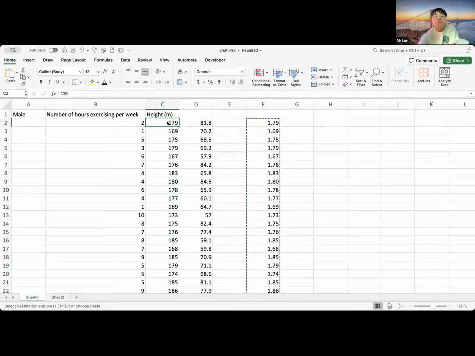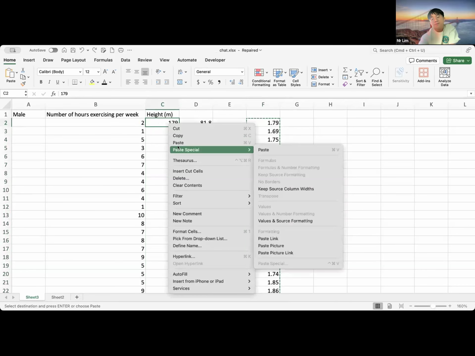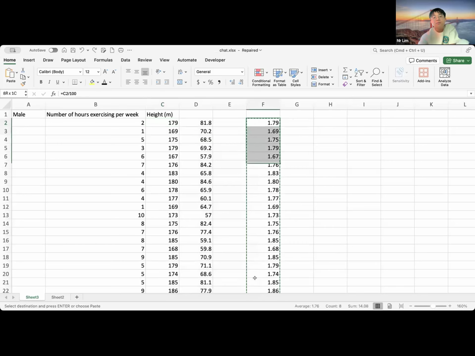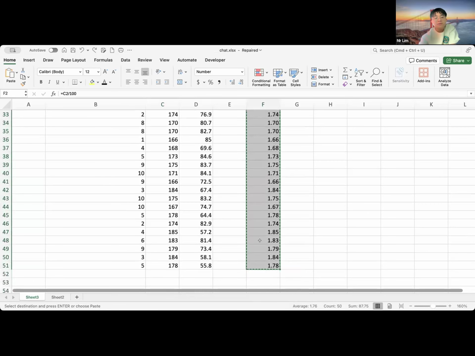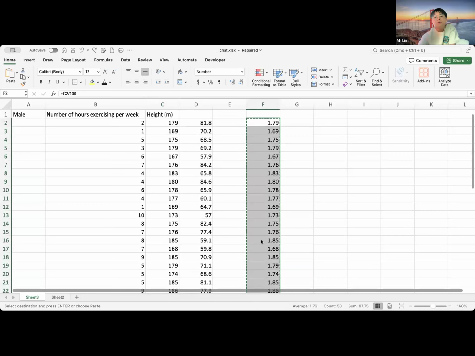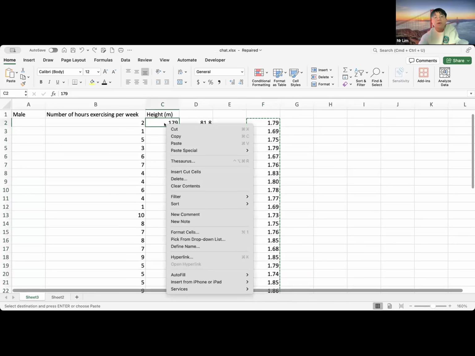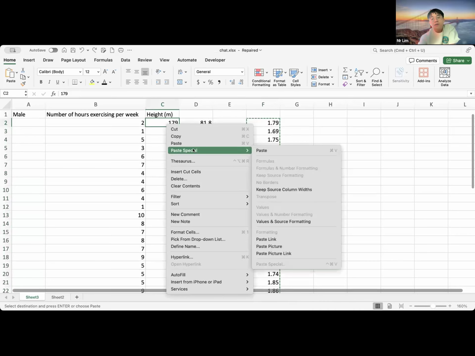So what you do is you just paste your value only. So go to paste special. Let me Control X again, and then I'm going to paste it here.